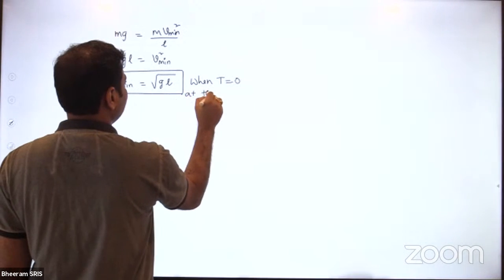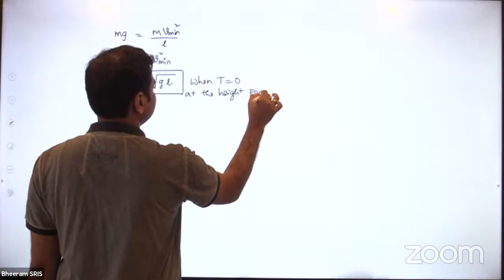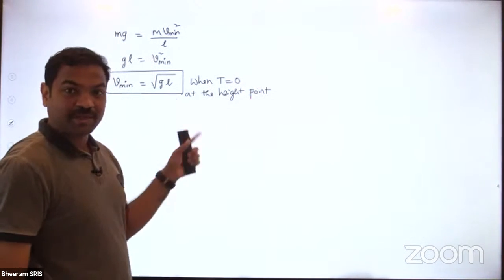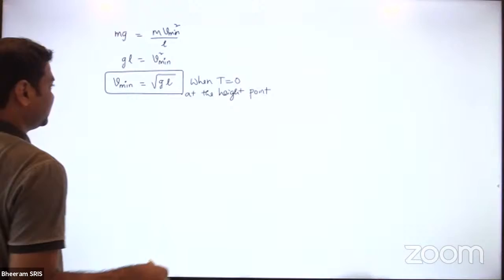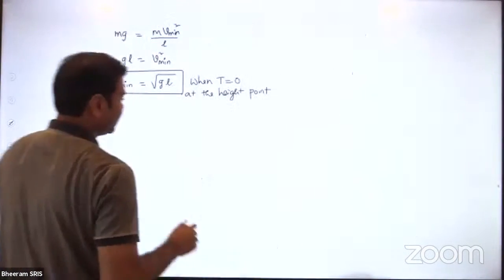Obviously we are talking about the highest point only. Once I know v minimum, I can go for u minimum. U minimum square is equal to 4gL plus v minimum square.